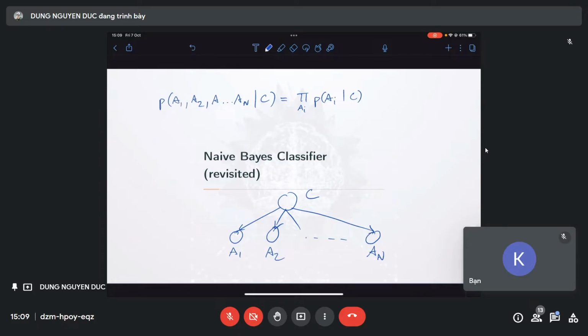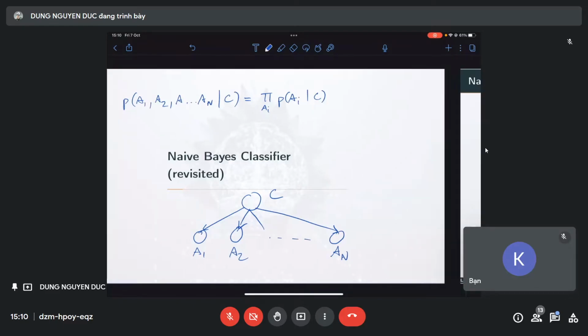But they are independent given the class C. And naive Bayes solely relies on the conditional independence assumption, right? And so if you model naive Bayes as a graphical model, you will have something like this one.